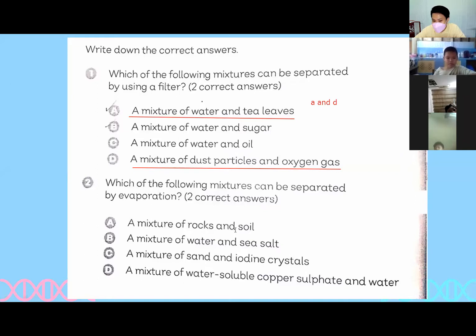You can mix rocks and soil, but can you boil them? No, you cannot boil rocks and soil to separate them. A mixture of water and sea salt. Yes, you can separate the water and the sea salt by boiling them. After you boil them, the sea salt will stay on the pot and the water will be evaporated.